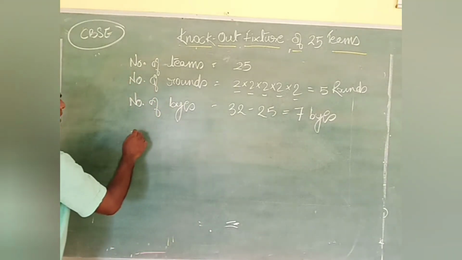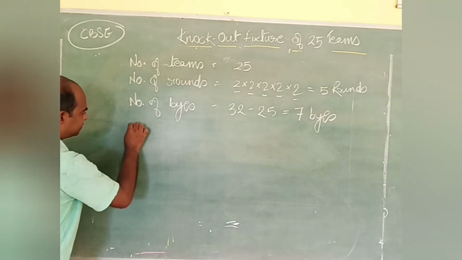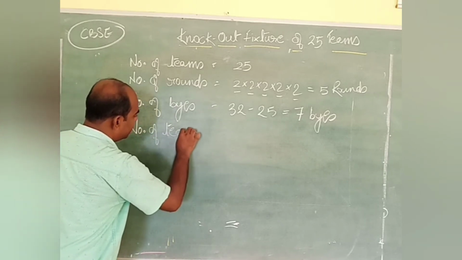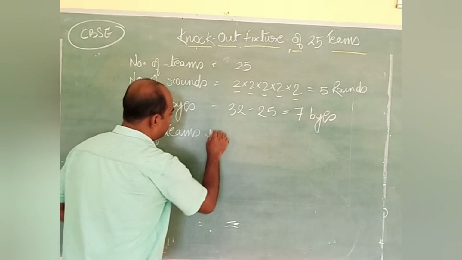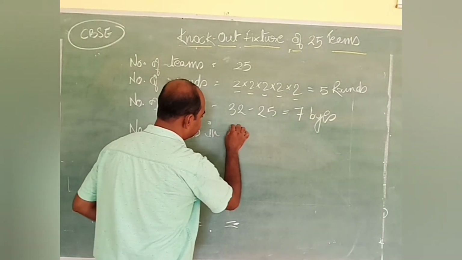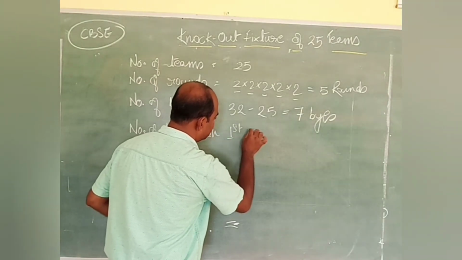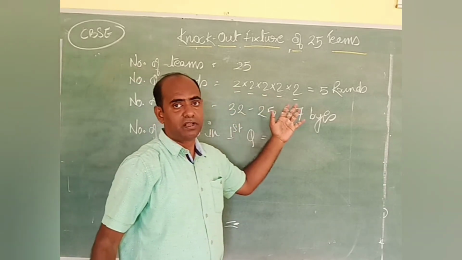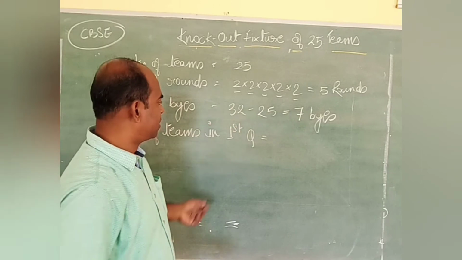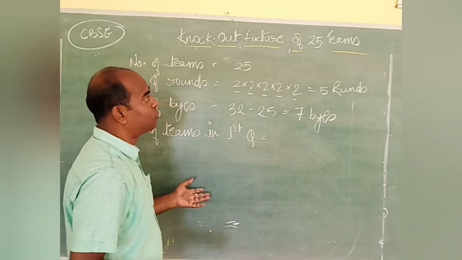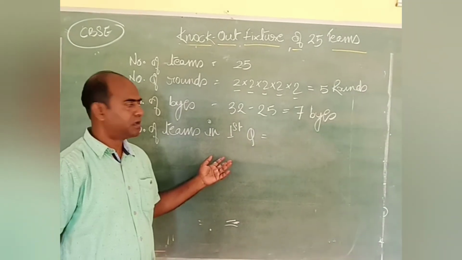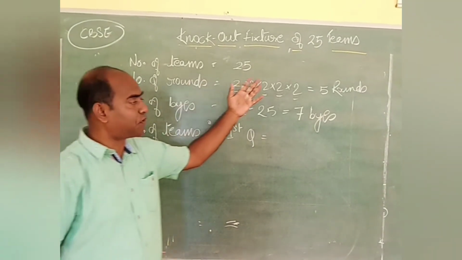So number of teams in the first quarter. Total number of teams are 25.